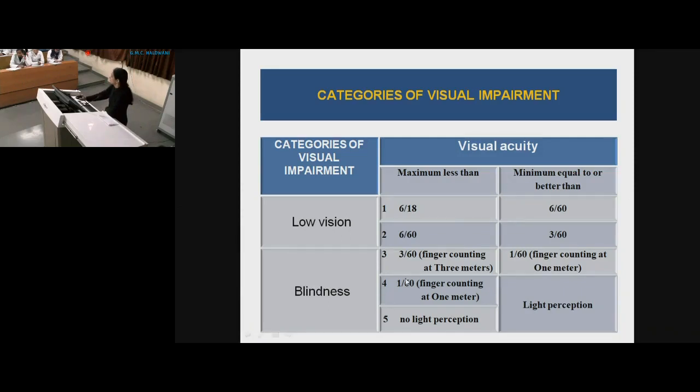One is 3/60, that is finger counting at a distance of 3 meters. If the vision is 3/60 or less than 3/60 up to 1/60, then it is blindness. Or another criterion, if the vision is less than 1/60 and there is light perception. And if there is no light perception at all, then all of these are categorized as blindness.